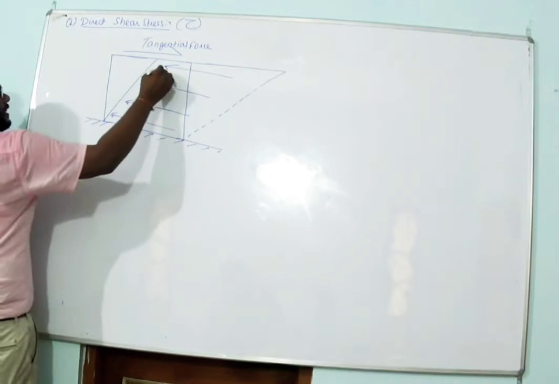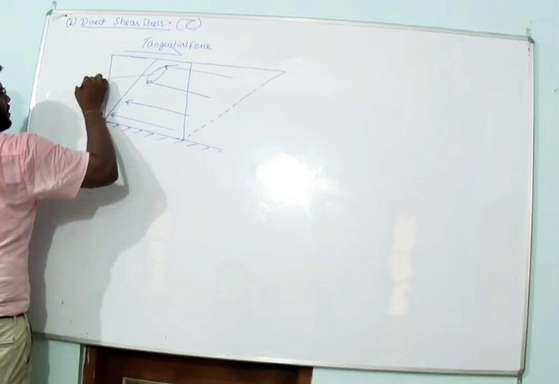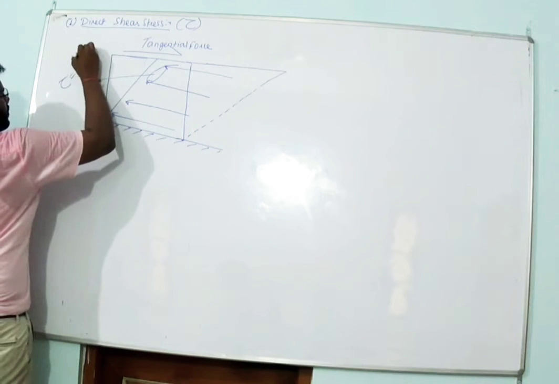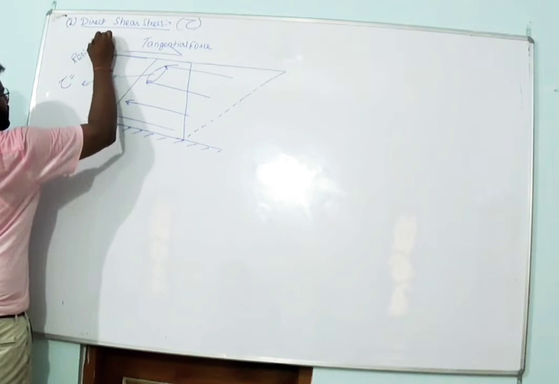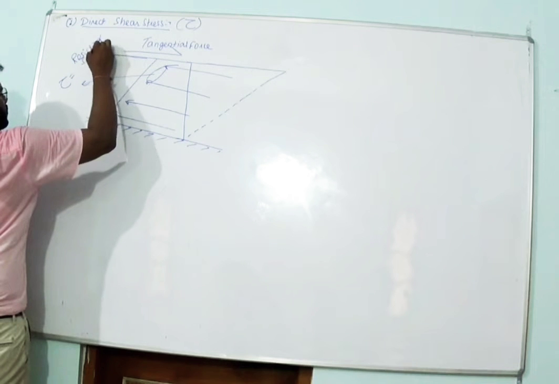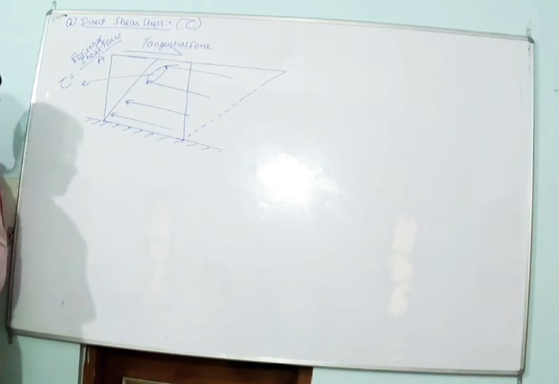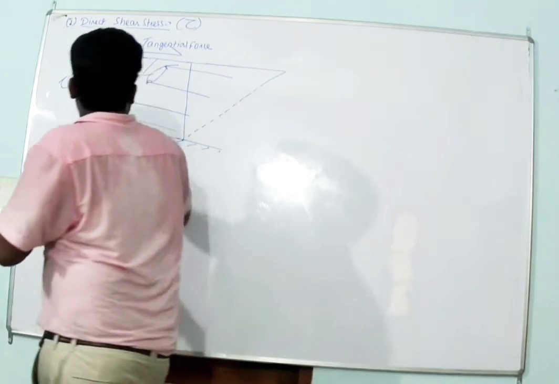So whatever the intensity of resistance that occurs, that is called the shear stress tau. So this tau is equal to how much? Resisting shear force divided by the cross-sectional area. Are you getting it? Which cross-sectional area?